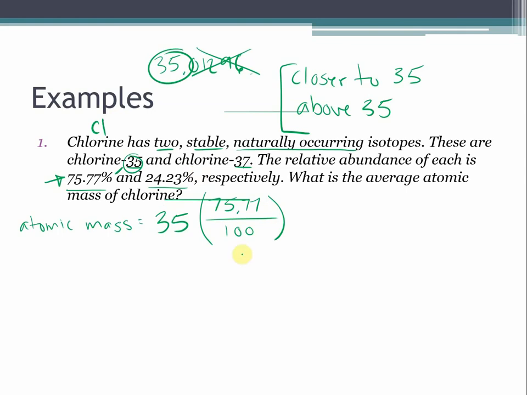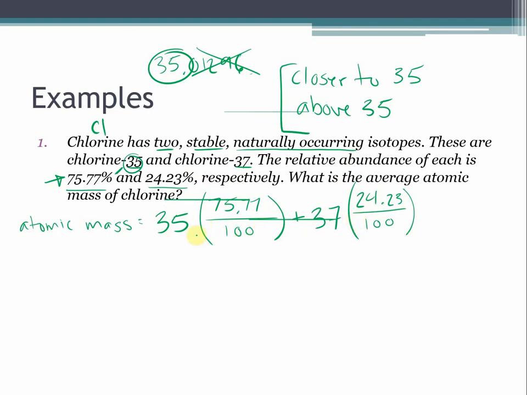So that's for chlorine 35, this whole thing. And then we will add the only other isotope, which is a mass of 37 times that percent abundance, 24.23 divided by 100. And since we only have 2 isotopes, this is all we have to plug in here.